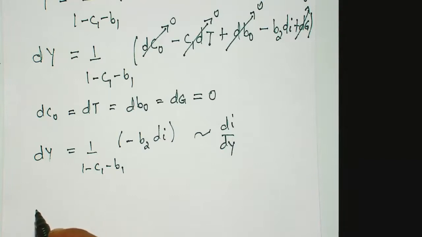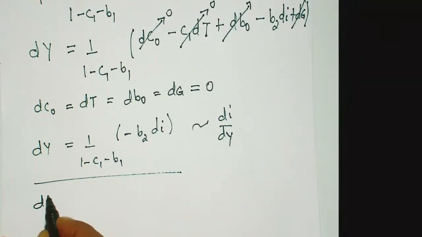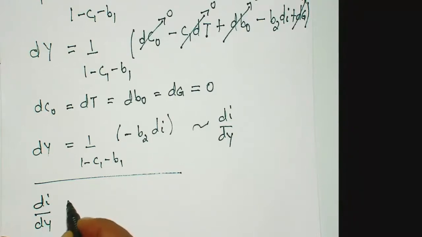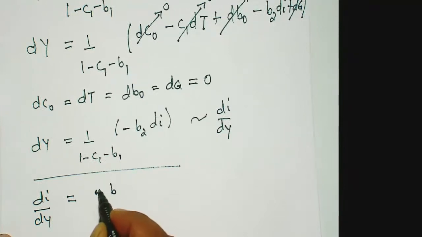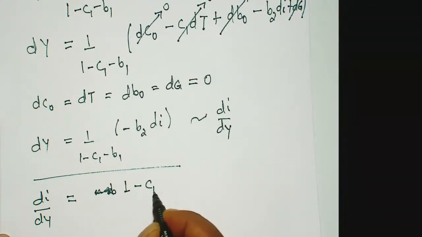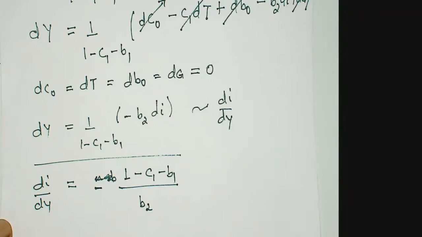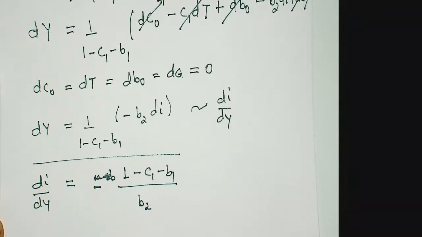When we convert this equation into di over dy, this would give us 1 minus C1 minus B1 divided by B2, and this whole term has a minus sign. So this is the slope of our IS curve.